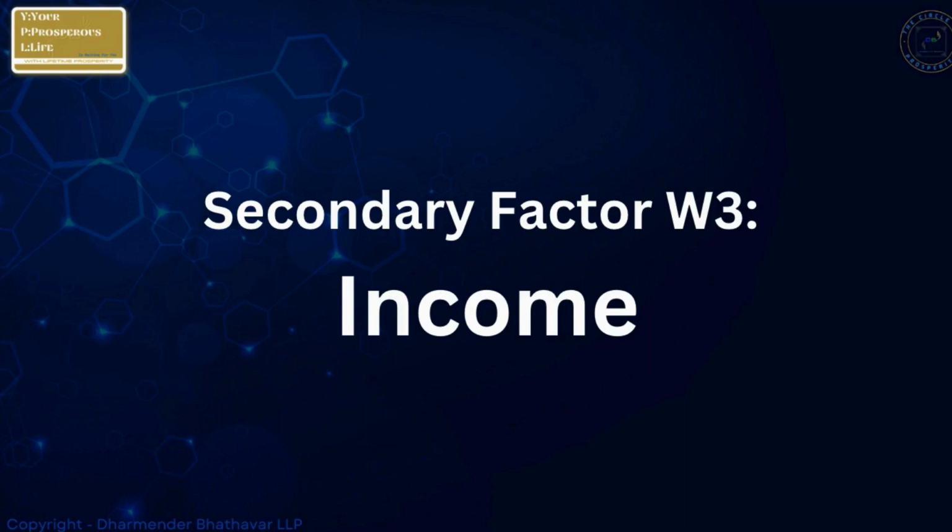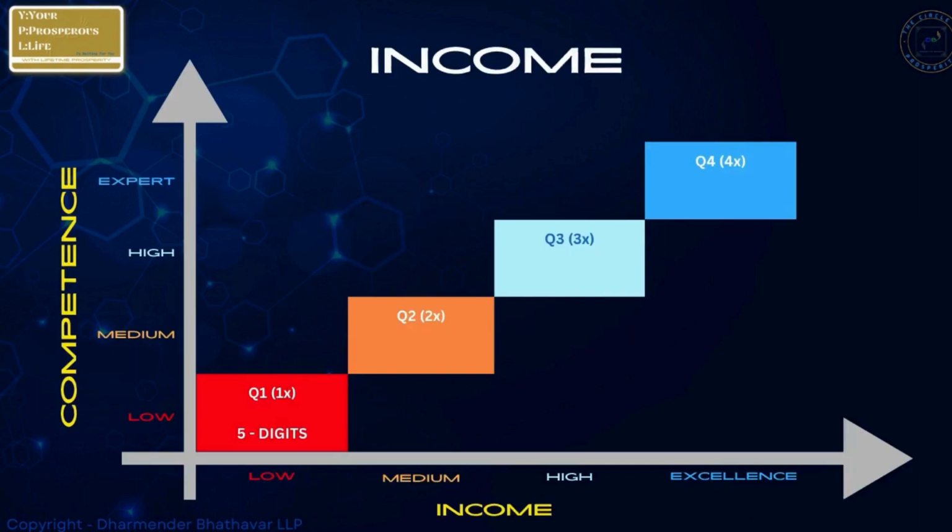So now we can understand the four quadrants. The first quadrant is, since you are employed in the professional sense, your quadrant 1 in income would be in 5 digits, whereas the self-employed who are in quadrant 2 with respect to profession, their income would be in 6 digits.